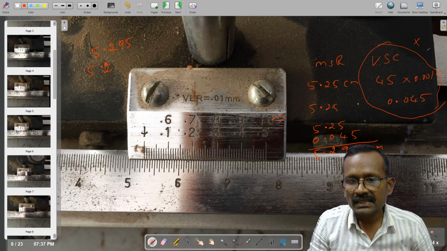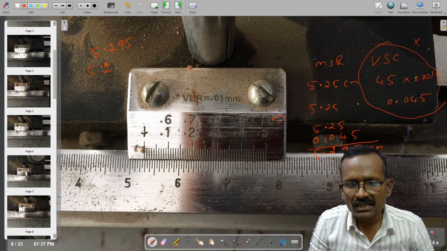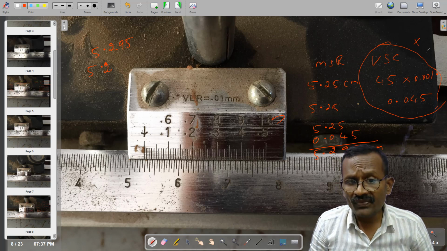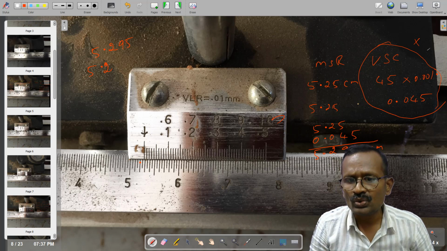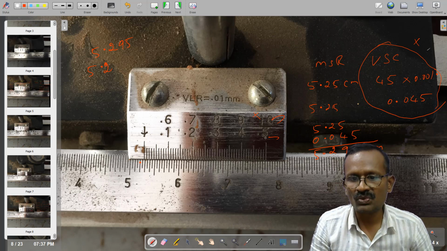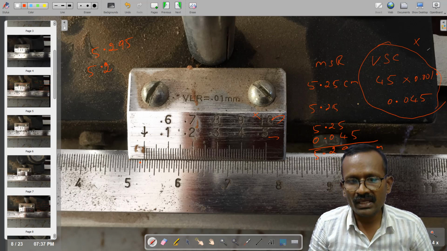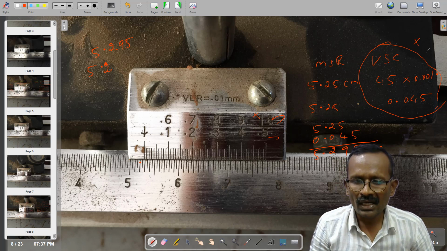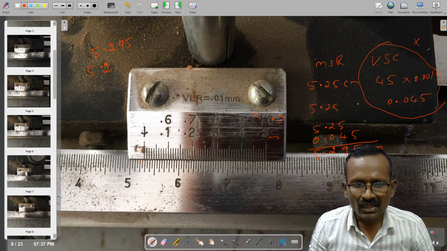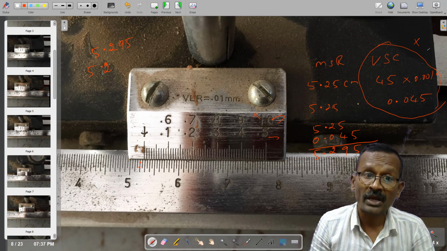If it lies between 0.1 and 0.5, you should not go here. That time we should read this one. Now it is crossed. It crossed the 0.05 division, so you go here. Main scale reading is 5.2.